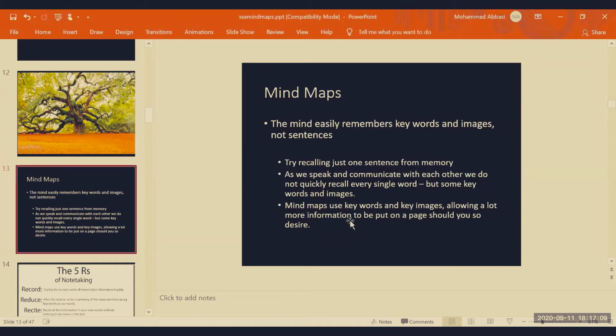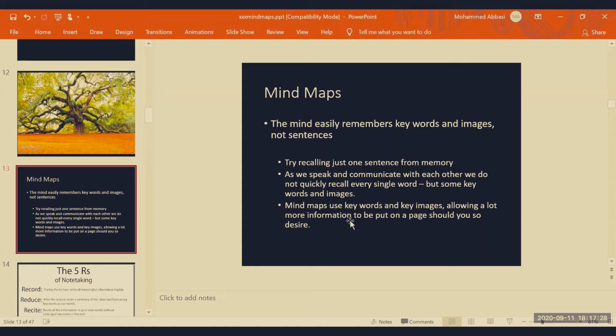Now, the mind remembers keywords and images, not sentences, generally. Okay, there are people out there who remember every single thing. If they read a book, they'll remember everything. But the mind easily remembers, generally, for all of us, keywords and images, not sentences.